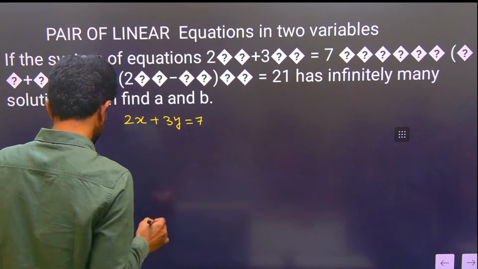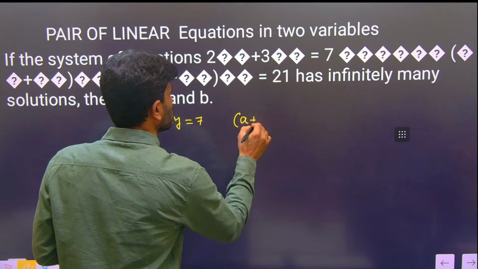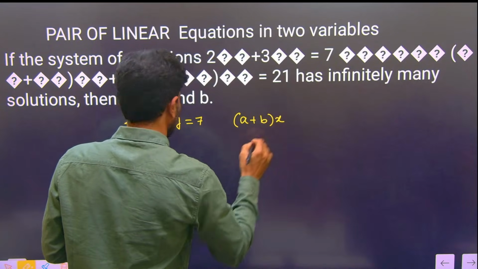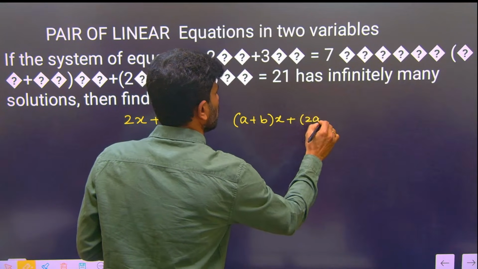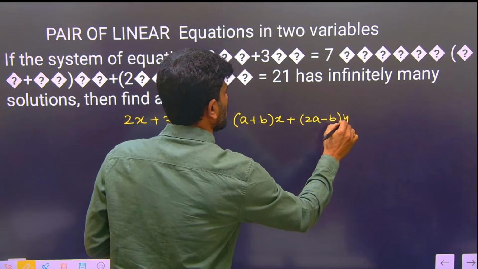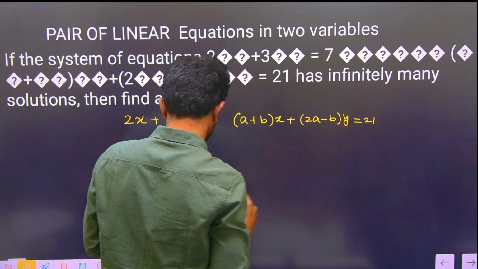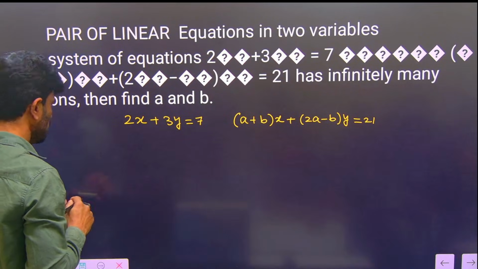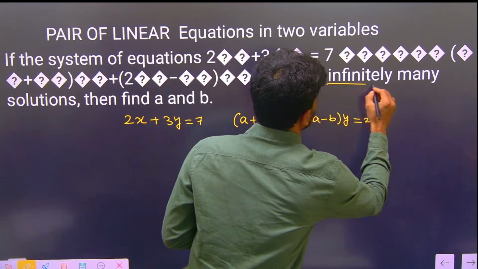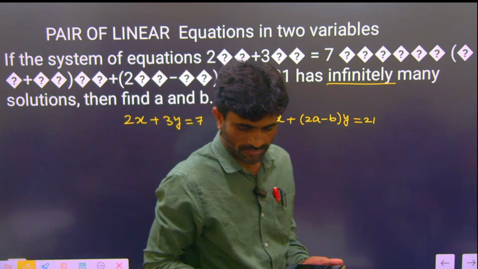Another equation is (a plus b)x plus (2a minus b)y is equal to 21. They both are having how many solutions? Infinitely many solutions. Find the value of a and b. Try this.